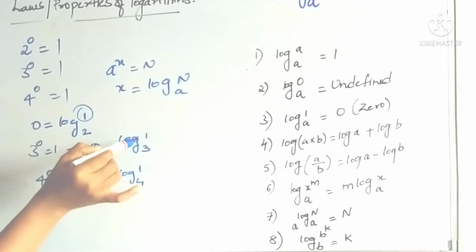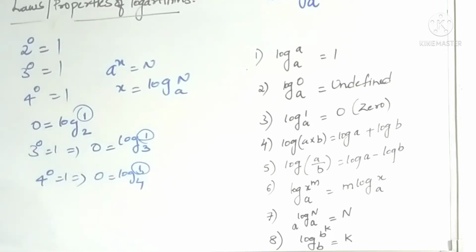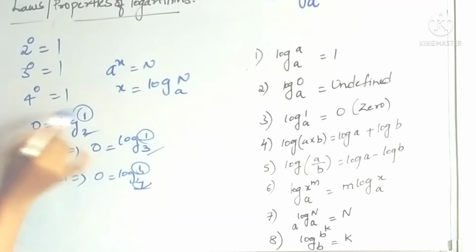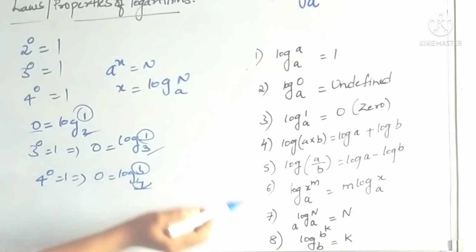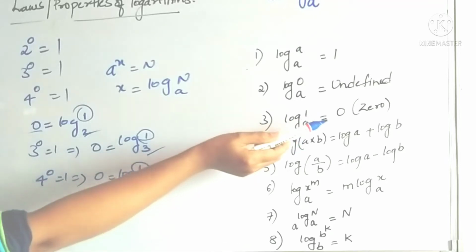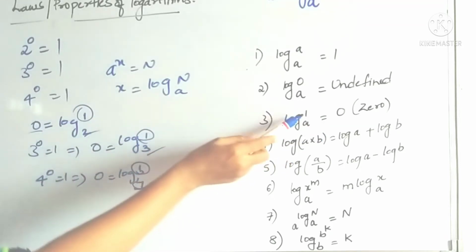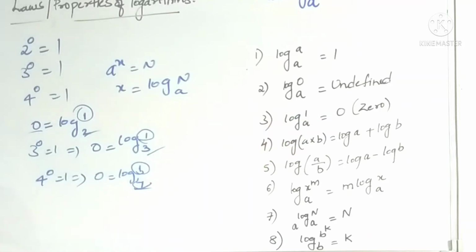So if you observe these three, if 1 is there as main value in the logarithm, whatever may be the base, whether it is 4 or 3 or 2, the value will become 0, right? So we can write log 1 base a is 0.